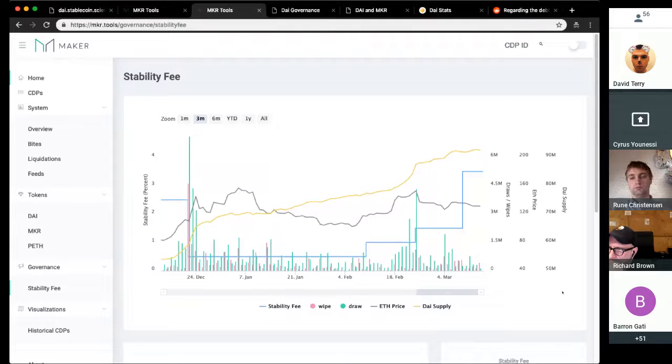This governance process is fairly new. The data from last year is not exactly relevant to today's environment, and the 2 stability fee increases we had in February were not very illustrative in terms of how things react to stability fee. So the short answer is we don't have statistical confidence today, but it is something that we're actively researching.